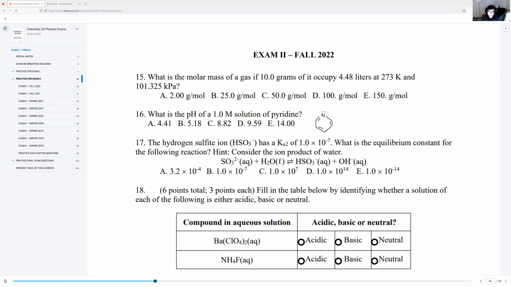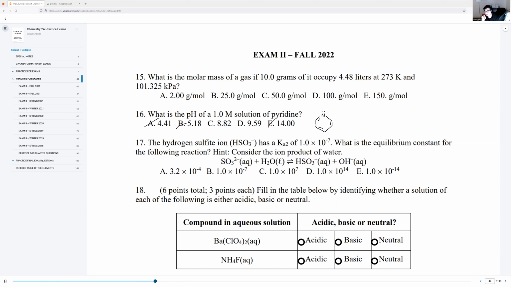So it's not going to be A or B, right? And so if you have a 1 molar solution of pyridine, you should get some basic solution. Now it's definitely not going to be 14. That's just way too high. But the question is, is it 8.82 or 9.59? Right.